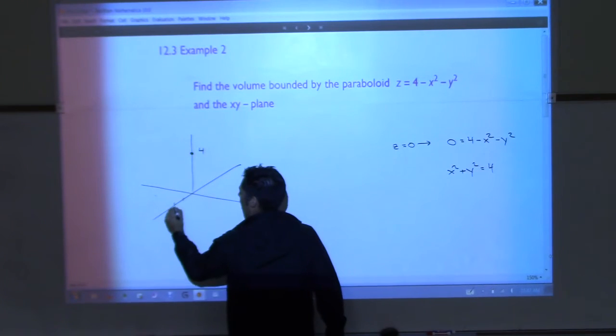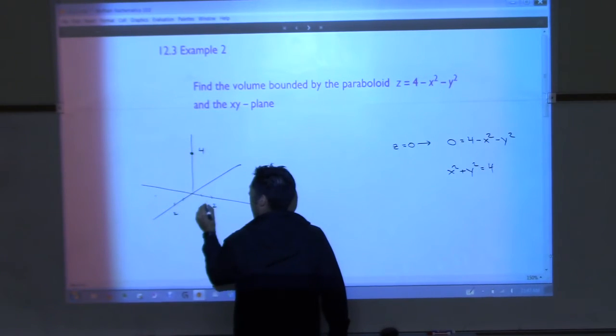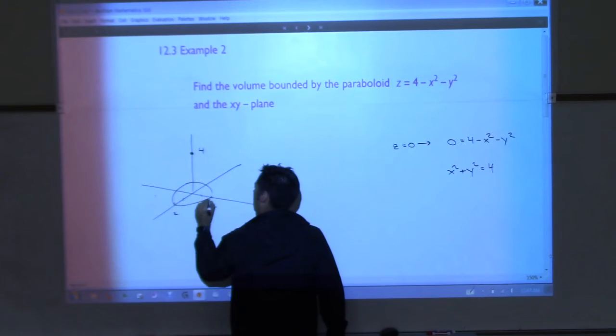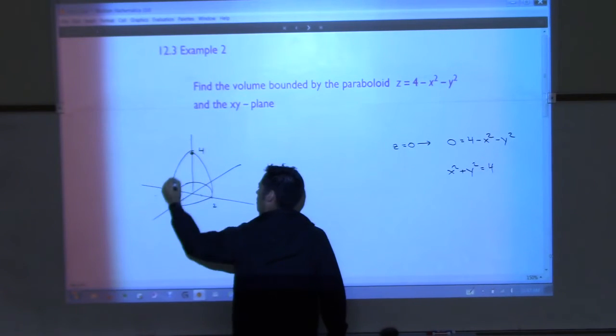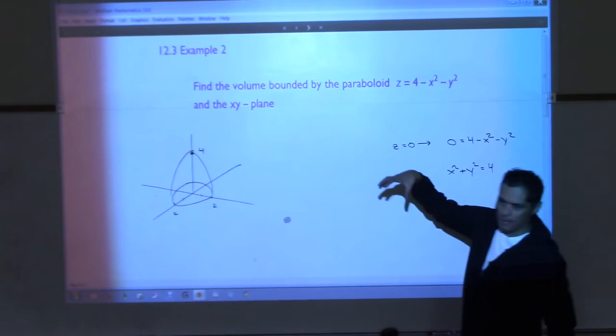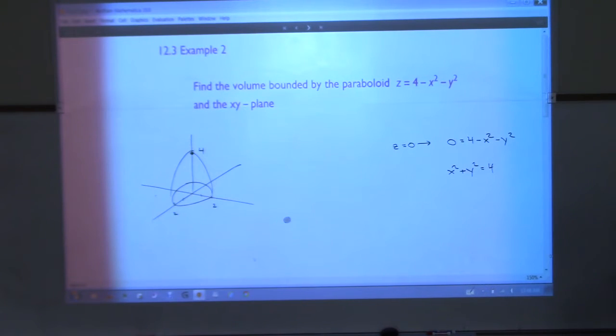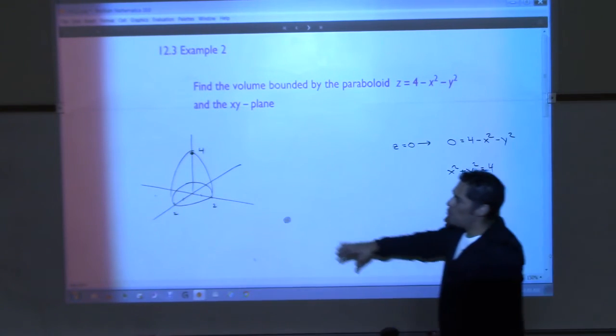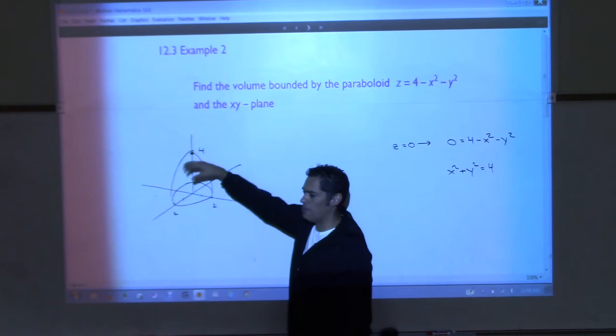So 2 out, 2 out. And this thing is a paraboloid. It looks like a bowl turned over. We want to know the volume of that.